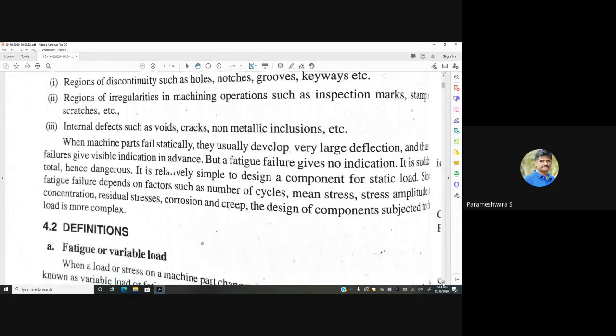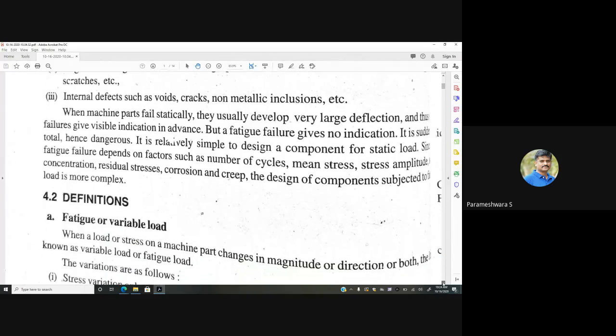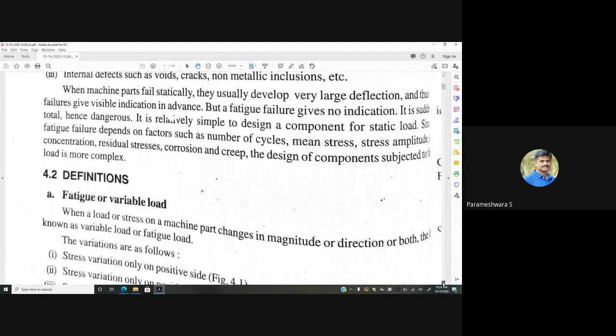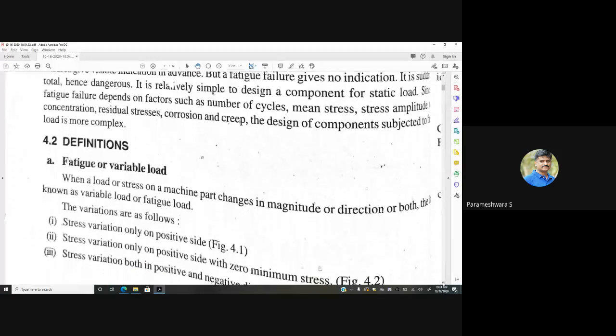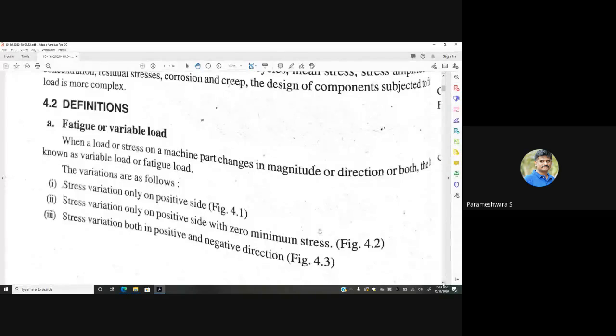Before going on to solve problems, let us understand the basic terminologies associated with fatigue, because we have to understand the various technical terms in order to solve a problem subjected to fatigue load. When a load or a stress on a machine part changes in magnitude or direction, or both, the variations are observed in the following conditions.